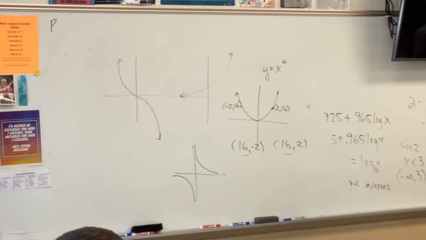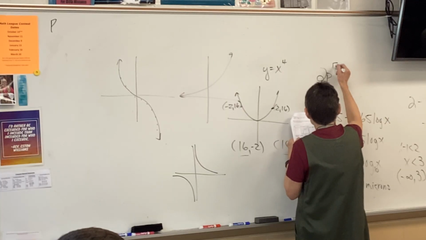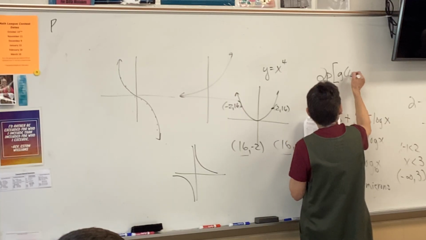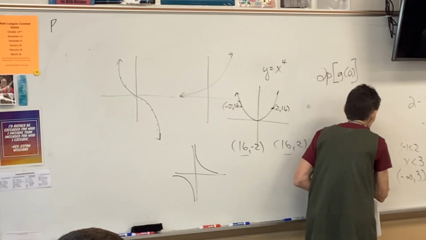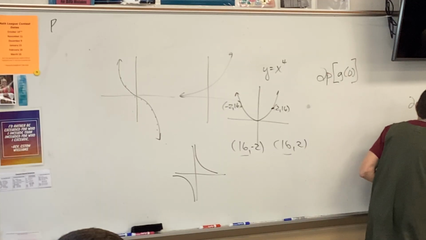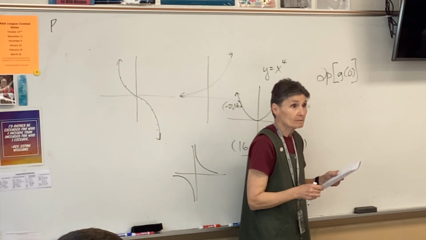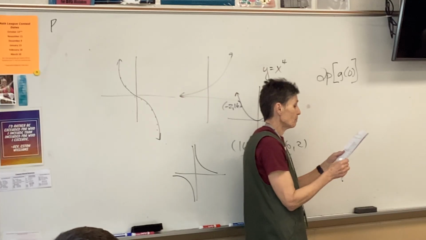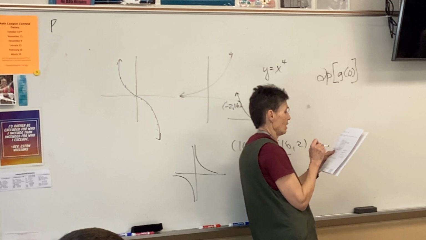We have two functions, p and then g, the picture of g there. Find 2 times p of g of 0. Okay, so what do you think we should do first? Find g of 0. So let's look at the picture. Can we find g of 0 on this picture?